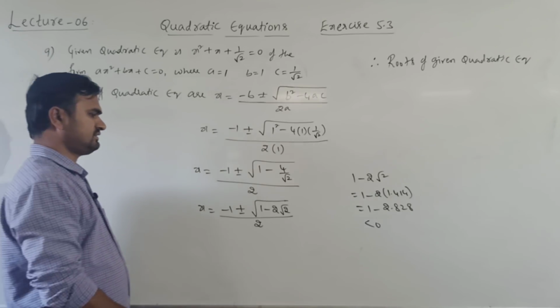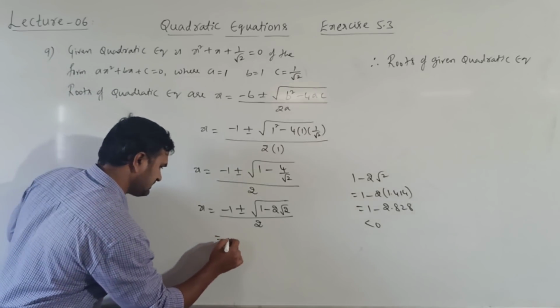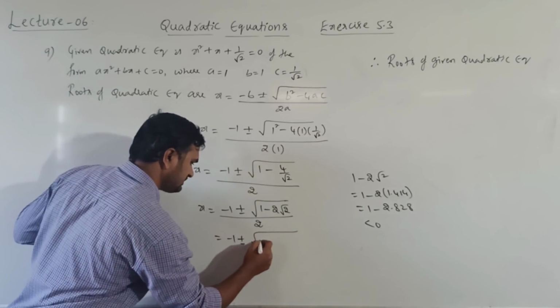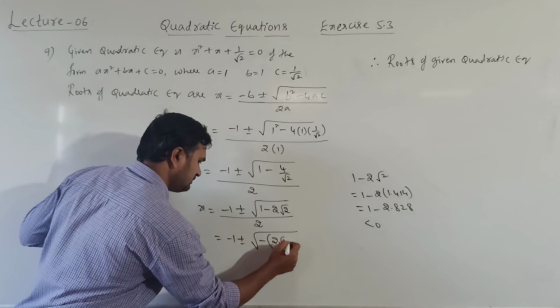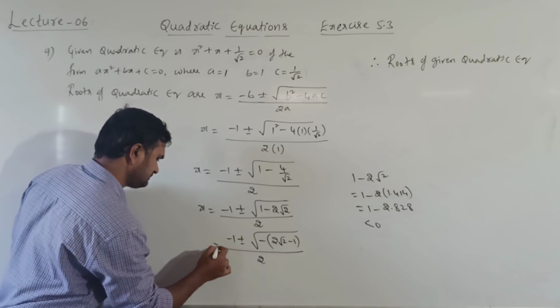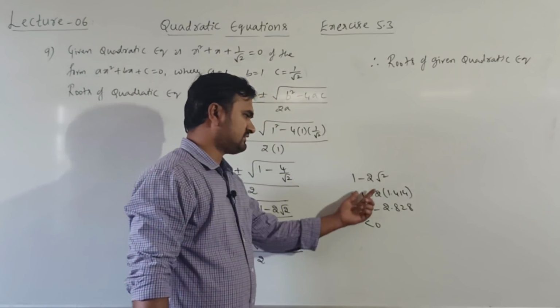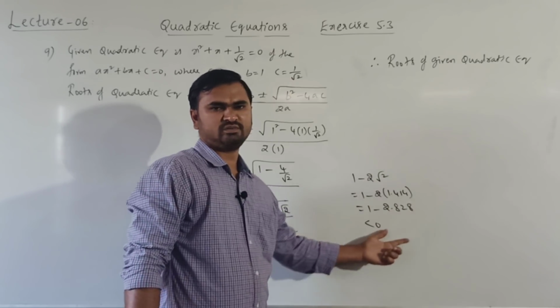Okay. So what I do is, I will take minus common from this. If I take minus common, what do we write? Square root of minus of 2 root 2 minus 1 divided by 2. Observe, I am taking minus common, so the inside term will become positive.